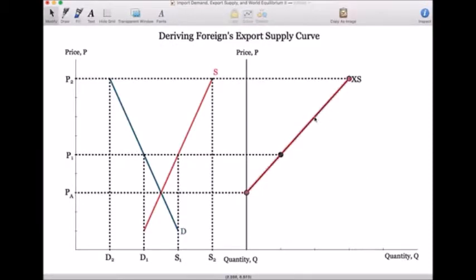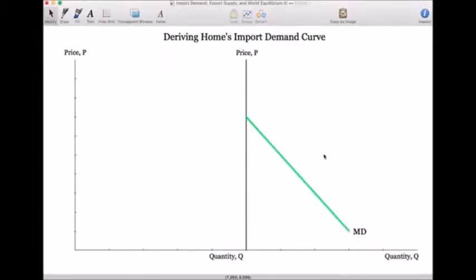And then I'm going to copy export supply and paste that into this graphic. So the world equilibrium is going to occur where export supply is equivalent to export demand. So I just took the information from the previous slides and pasted them on here.